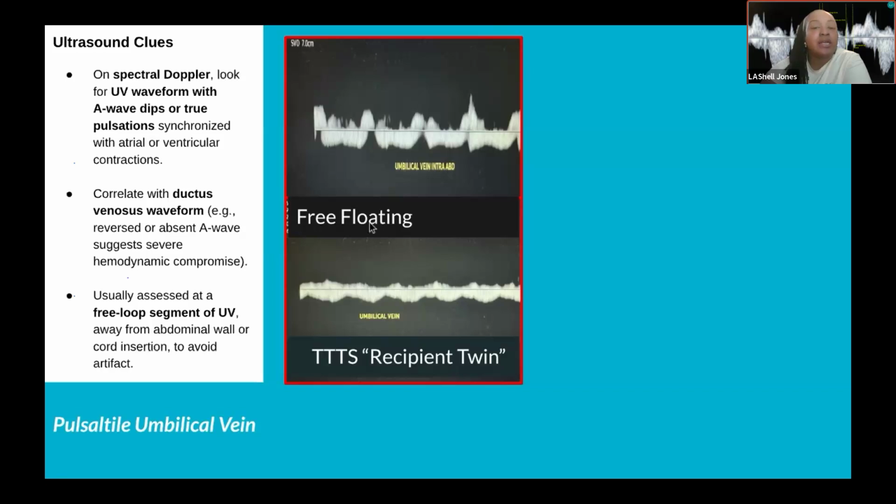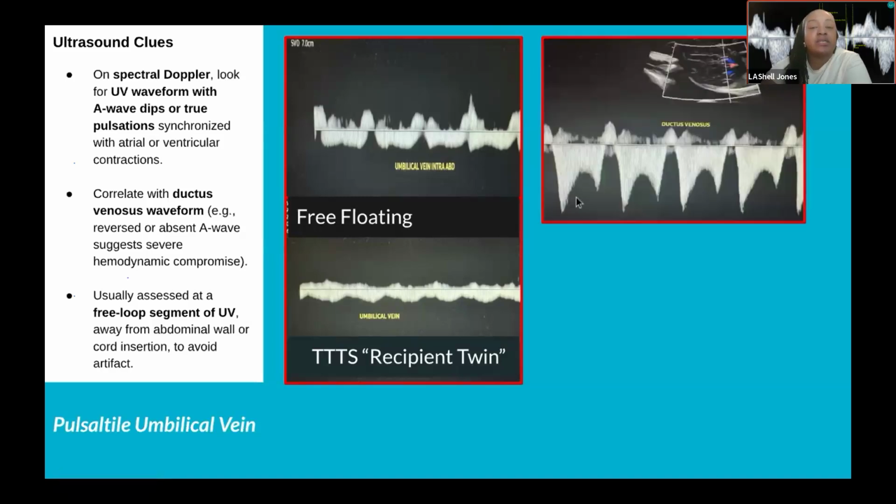Now, you want to correlate this with a ductus venosus waveform, which I did. And that is where I noticed that the ductus venosus was also abnormal with reversal of that A wave. Some even appeared to be absent A wave. But this is indeed an abnormal ductus venosus seen in this same baby.